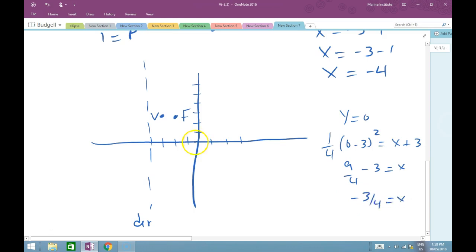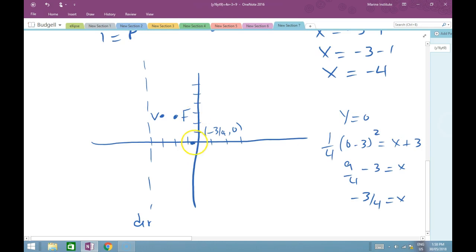So negative 3 over 4 is around between here, here's negative 1, so around right there. So that point right there is negative 3 over 4 and 0. Now, we know that the vertex went down 1, 2, 3 units in the y direction to get to this point here.